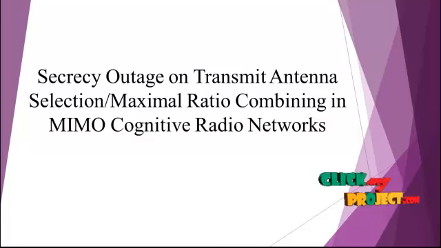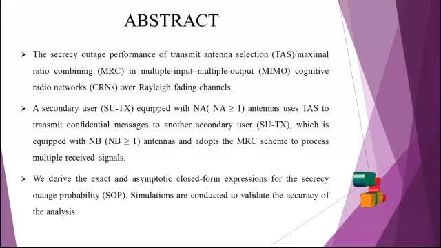The project title is Secrecy Outage on Transmit Antenna Selection or Maximal Ratio Combining in MIMO Cognitive Radio Networks. The project abstract is the secrecy outage performance of transmit antenna selection or maximal ratio combining in multiple input multiple output cognitive radio networks over Rayleigh fading channels.